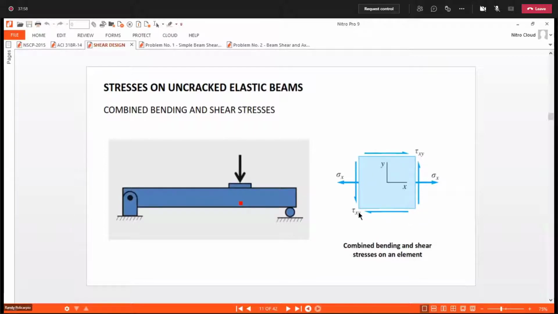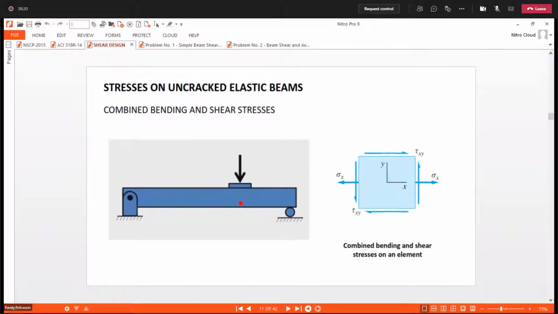Our tensile stress is perpendicular to the section, to the surface of this element, while our shear is parallel to the sides of this element.